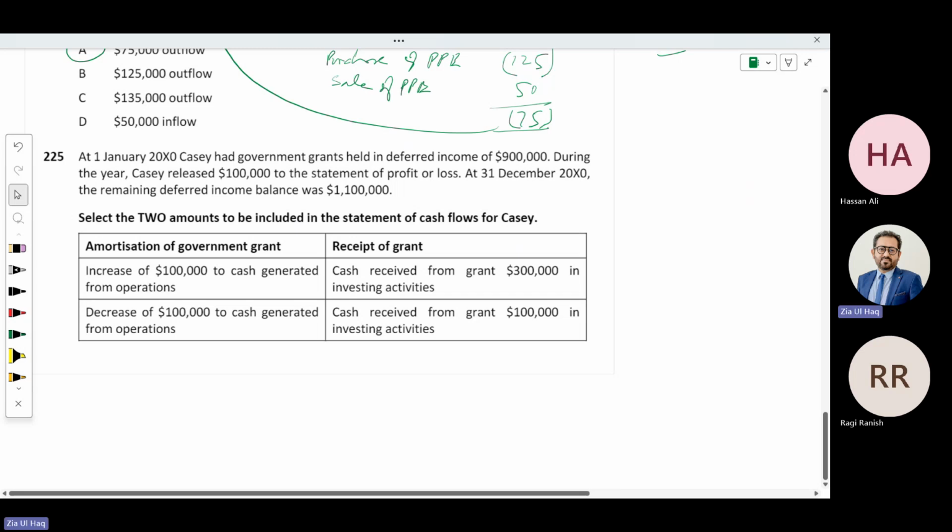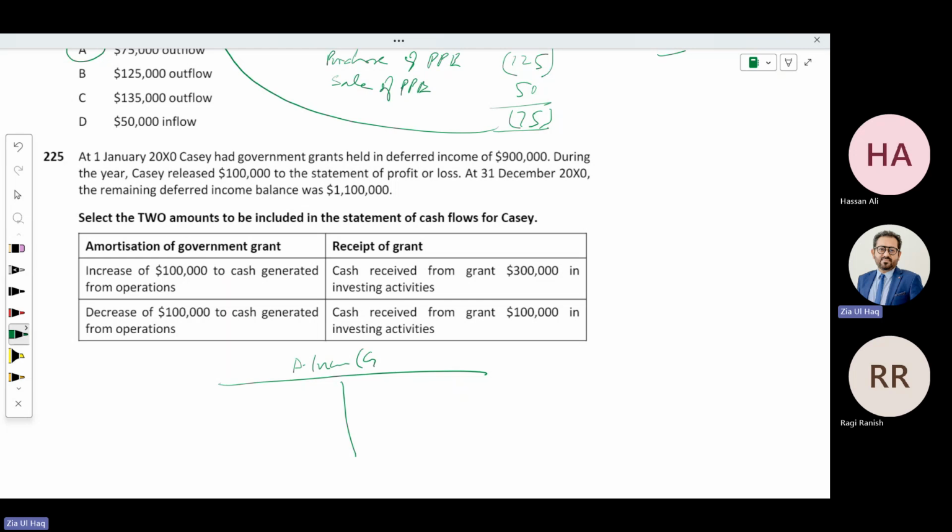25. Select the two amounts to be included in the statement of cash flow for the company. On 1st January 20X0, the company had a government grant held in deferred income, 900,000. Deferred income is what?